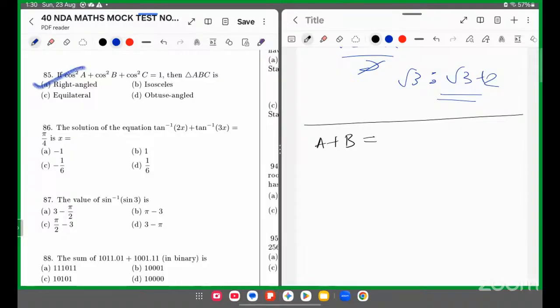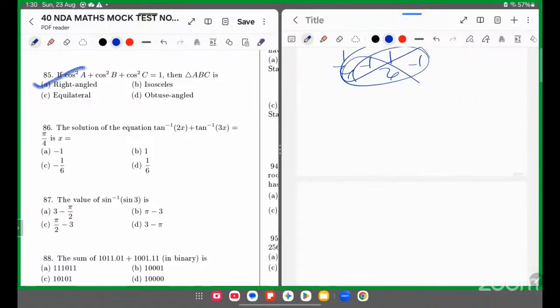But if I put A equal to B equal to C equal to 60, that cannot be valid. It cannot be an equilateral triangle because cos 60 is 1 by 2, so 1 by 4 plus 1 by 4 plus 1 by 4 cannot satisfy it. So cos square A plus cos square B plus cos square C equal to 1 is a well-known property of a right-angled triangle.